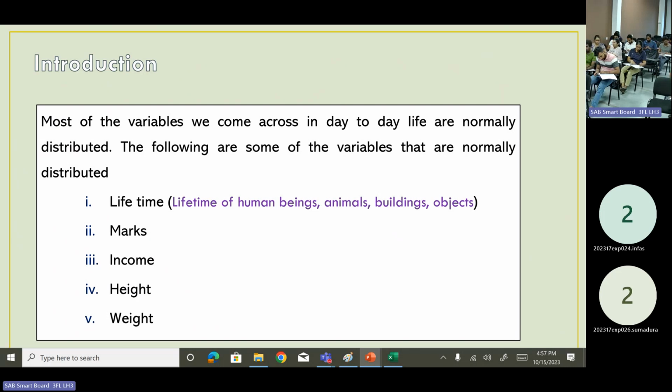Most of the variables we come across in day-to-day life are normally distributed.